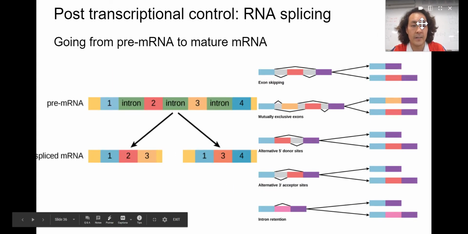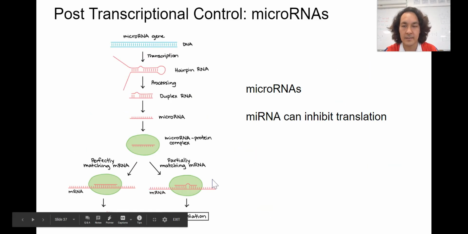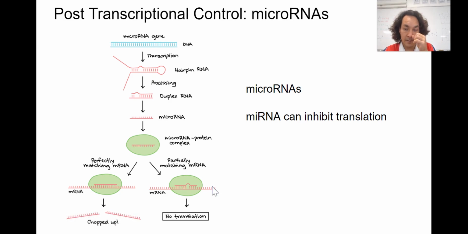We've already gone over RNA splicing, but this is another level of control that could happen to make different protein products. There's a large sequence of the genome that's non-protein coding, and we don't quite know all of what it does, but we think a lot of it codes for microRNAs. And microRNAs like slicer and dicer can inhibit translation.